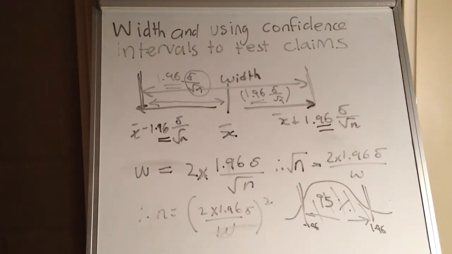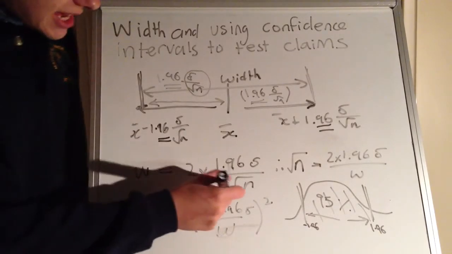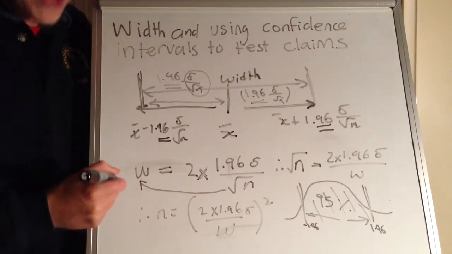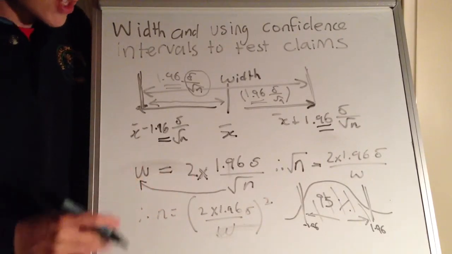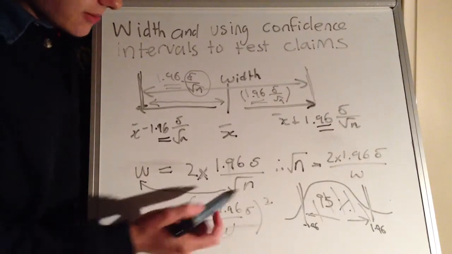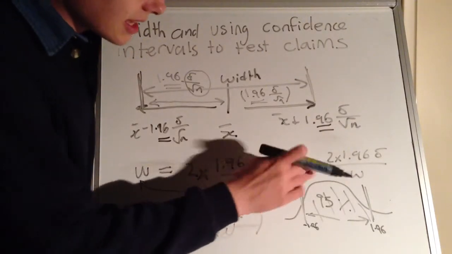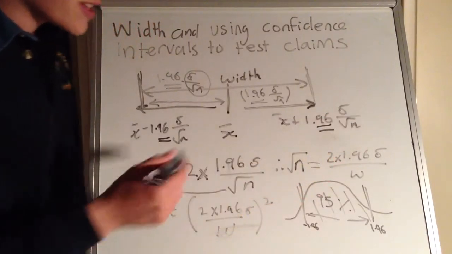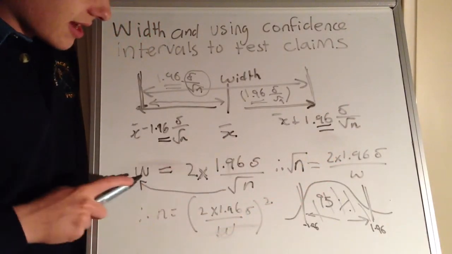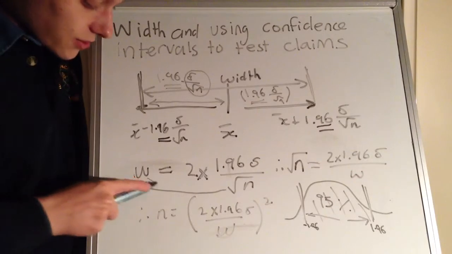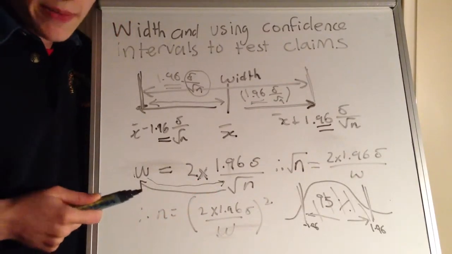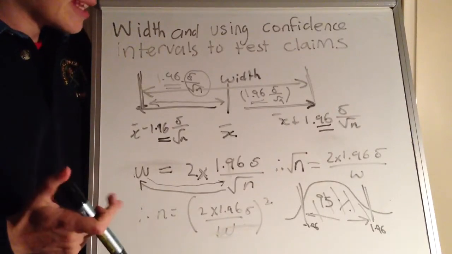In order to rearrange it, I bring square root n from the left-hand side denominator to the right-hand side denominator, sorry, to the left-hand side numerator, and we get square root of n is equal to 2 times 1.96 sigma over w. Essentially I've done a swap. The w goes from the left-hand side numerator to the right-hand side denominator, so it swaps with square root n.